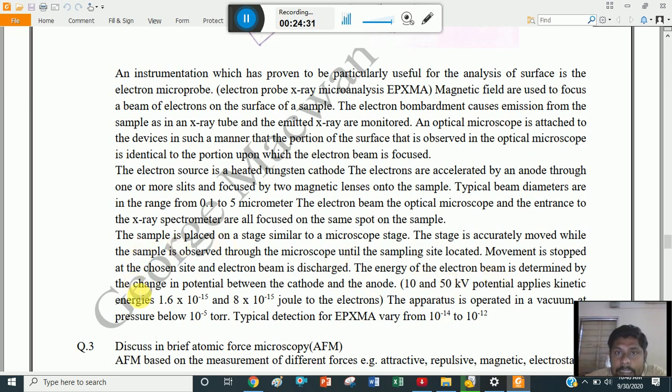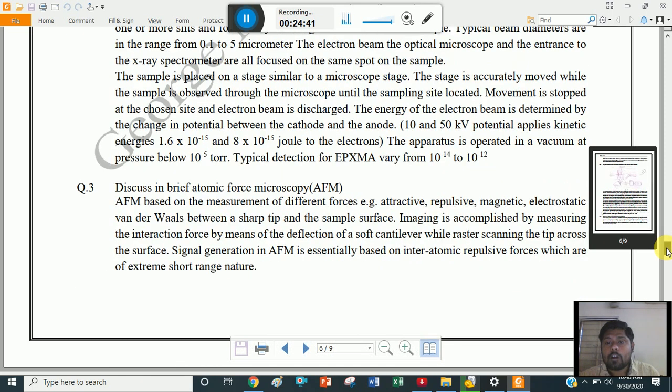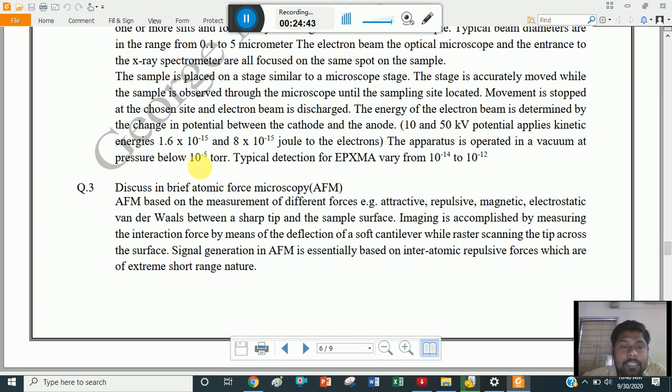The applied kinetic energy to the electrons is 1.6 to 10 raised to minus 15, 18 to 10 raised to minus 15 joule. The apparatus is operated in a vacuum at a pressure below 10 raised to minus 5 torr. Typically, detection for EPXMA may vary from 10 raised to minus 14 to 10 raised to minus 12.